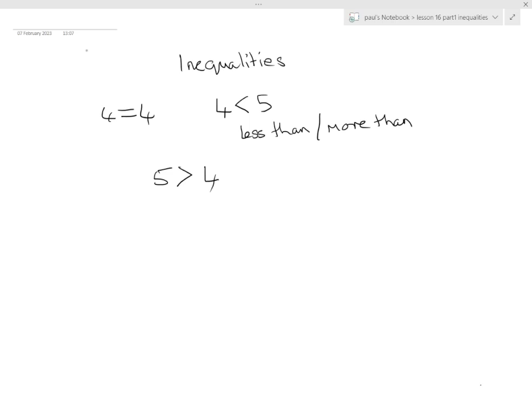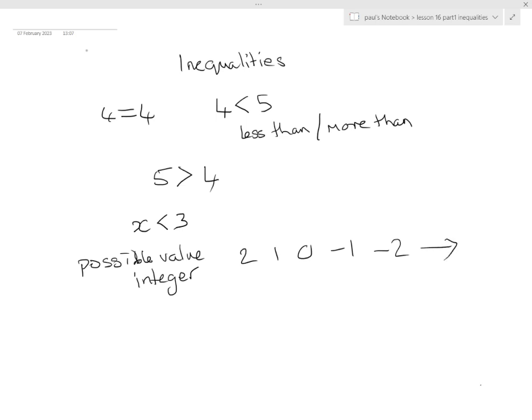Now, so if we have x is less than, say, 3, then possible values of x, integer values, won't do fractions and decimals and things yet. So x could be 2, 1, 0, minus 1, minus 2, etc. If x is more than 3, then the possible values of x would be 4, 5, 6, 7, 8, and so on.